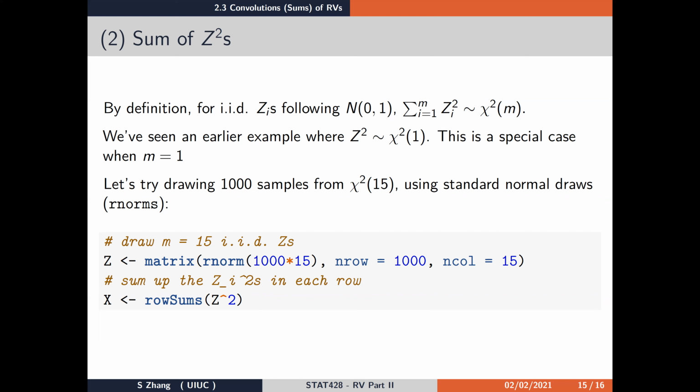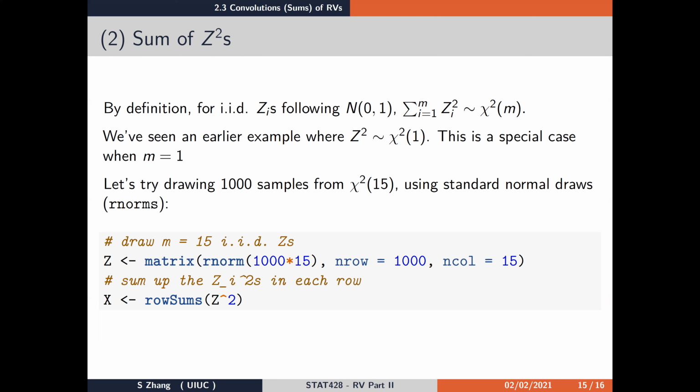So earlier when we talked about the transformation method, we've seen an earlier example where we try to obtain chi-square degrees of freedom 1 draws by taking the square of the sampled z's. So that is a special case where m is equal to 1.